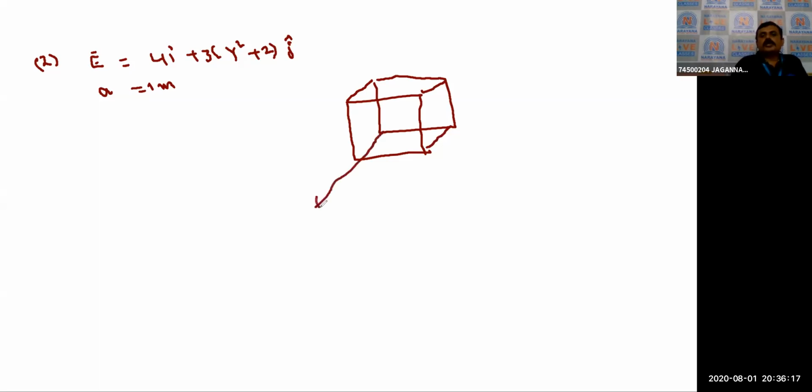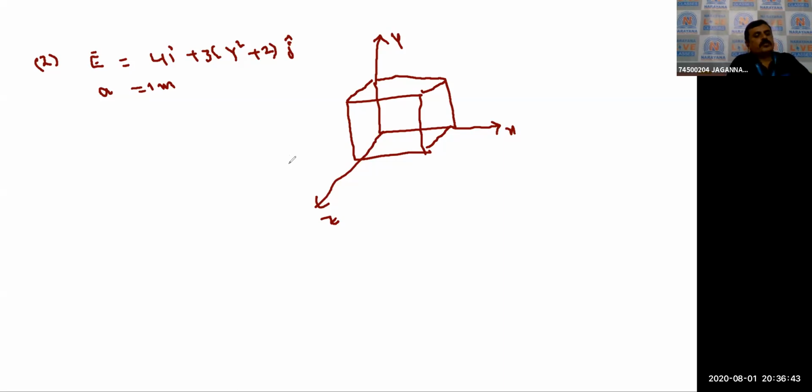So this becomes the z-axis, this becomes the x-axis, and this becomes the y-axis. The net charge enclosed within the cube is, how much is the charge enclosed within the cube?